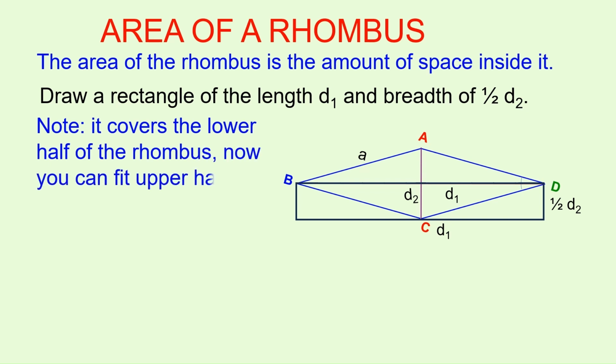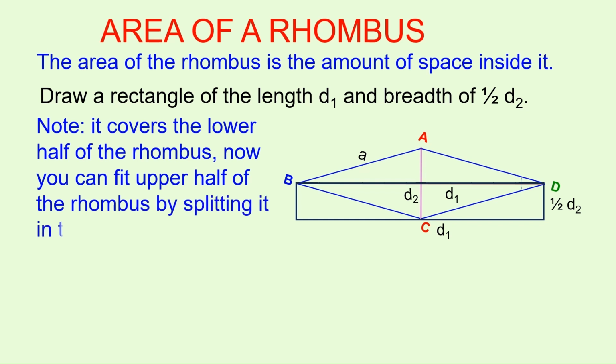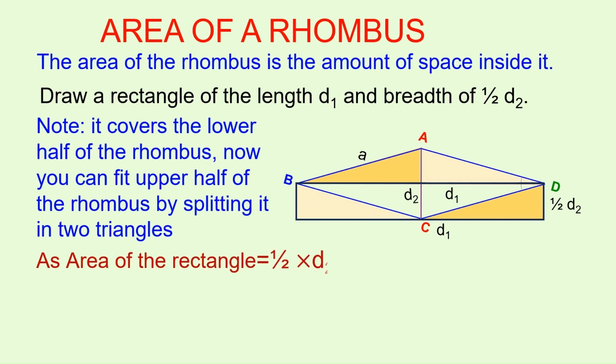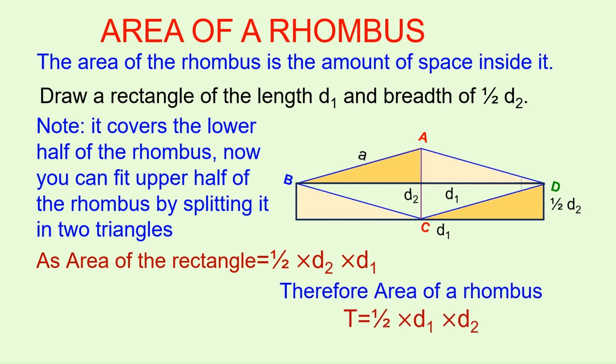Now, you can fit the upper half of the rhombus by splitting it in two triangles. As area of the rectangle equals 1/2 times D2 times D1, therefore area of a rhombus T equals 1/2 times D1 times D2.